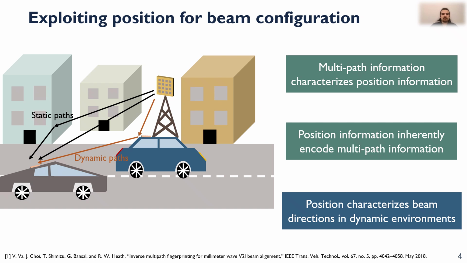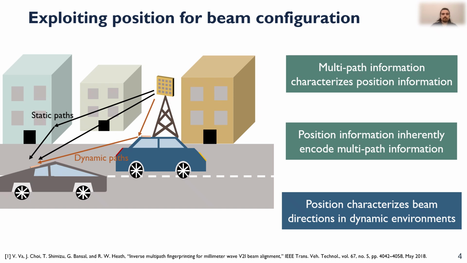The channel is dynamic, but some part of the channel is represented by static paths, and some of it is through dynamic paths. For a given location and multiple paths, based on the works in the localization literature, the user can be localized.